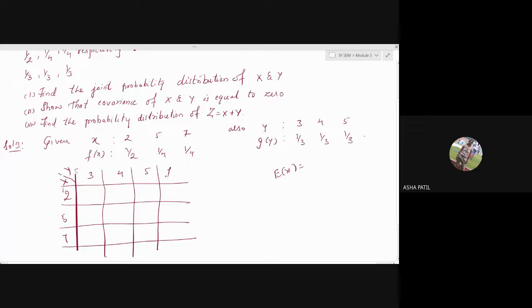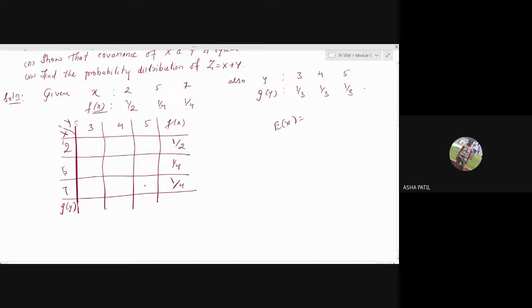I'll write f of x here, g of y. Now f of x, when x is 2, the corresponding probability is 1 by 2. We need to write it here, marginal distribution. When x is 5, probability is 1 by 4. Again, when x is 7, probability is 1 by 4. Similarly, the marginal distribution of y we know, we'll write them here.